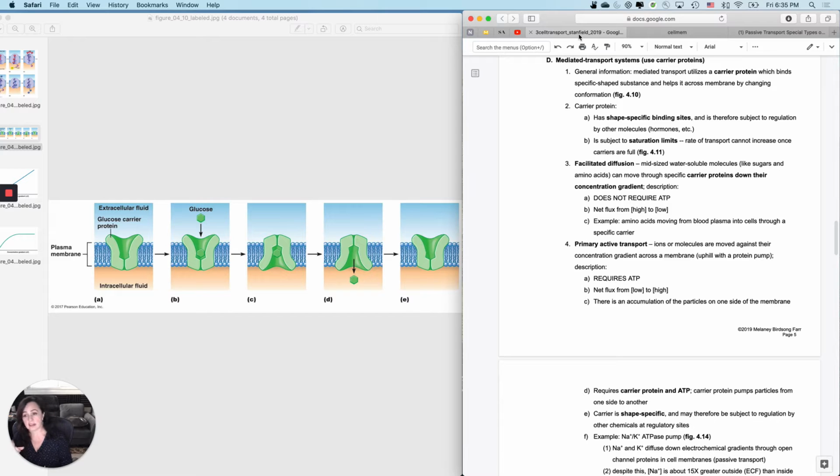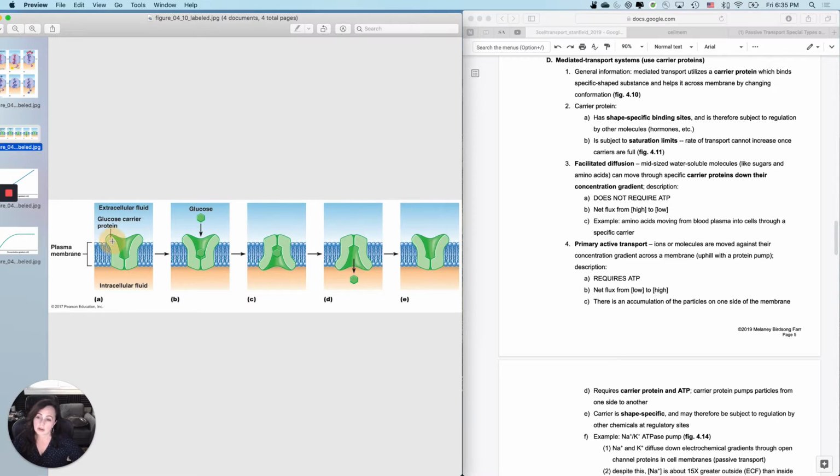The other thing is, if you have a shape-specific binding site, it's really, really common and easy to make them subject to regulation by other molecules. For instance, something bound right here, not here where it was going to get carried, but right here, and it changed the shape of the binding site, then you could make this carrier work poorly or better.